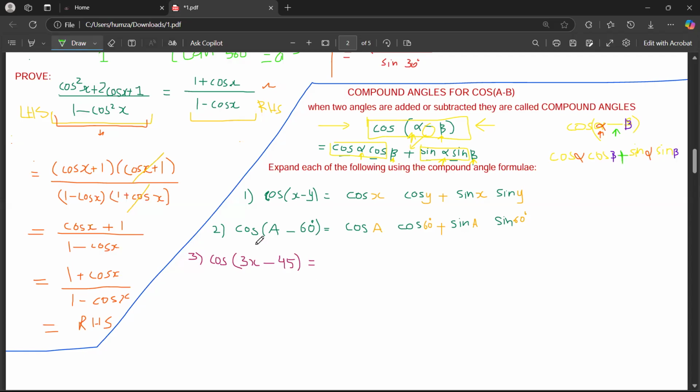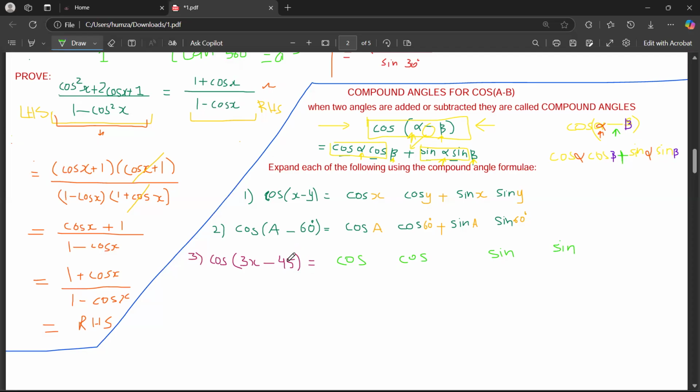Now, we have this which is similar to cos alpha minus beta: cos 3x minus 45. Again, when we expand, there is a pattern. We are going to write cos, cos, sin, sin. So one angle alpha, in this case alpha is 3x, will go with cos and then with sin.